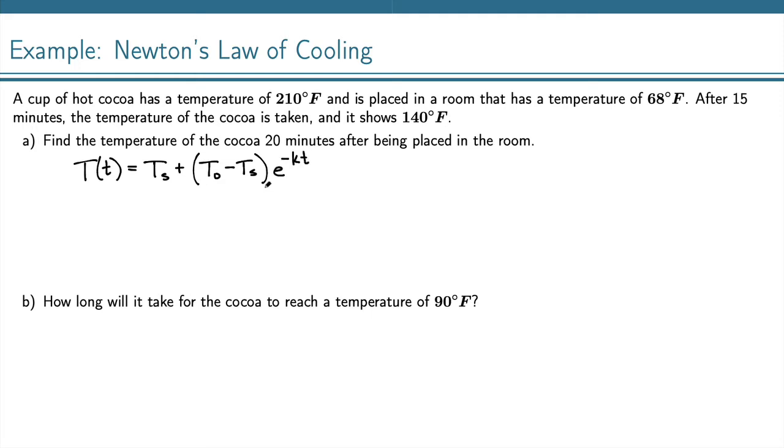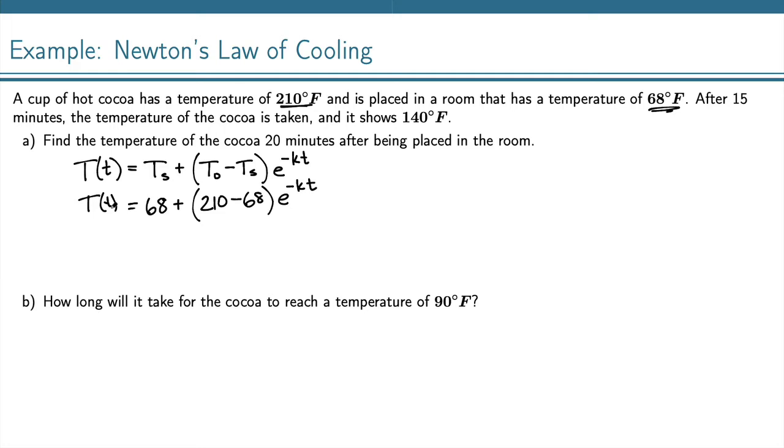So we can plug in everything that we do know here. What we do know is the temperature of the surroundings, which is 68 degrees Fahrenheit, and the initial temperature was 210 degrees Fahrenheit. So we can just plug all of that in. We have 68 plus 210 minus 68, e to the negative kt.